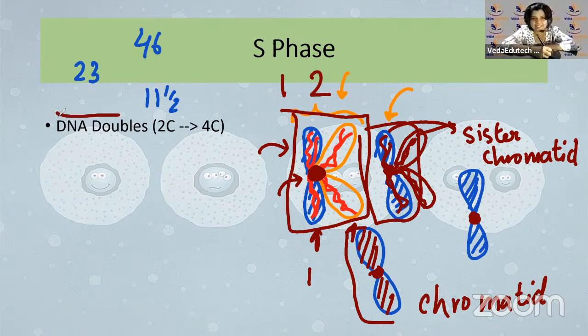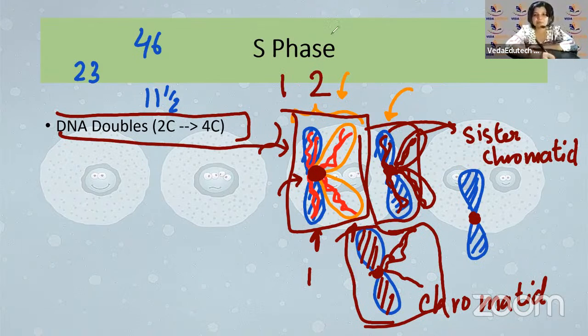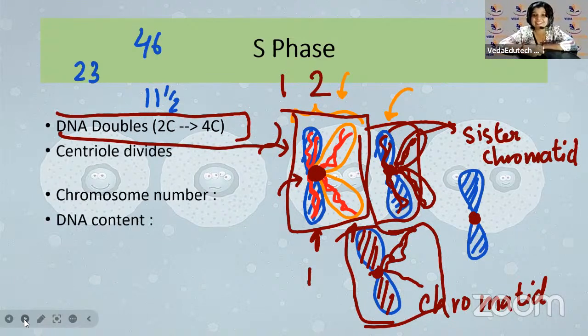In S phase, the DNA doubles. From 1 chromatid, you have 2 chromatids in the same chromosome. So of course, this has doubled, right? From 2C, you have 4C. But what about the chromosome number? Chromatids have doubled, but chromosome number remains the same, right?